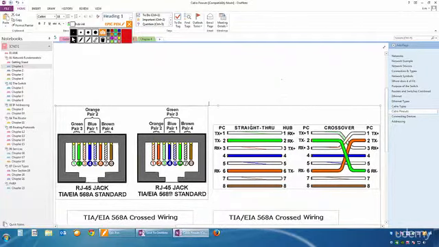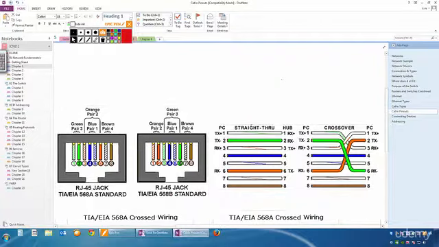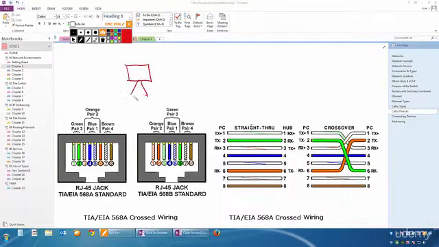So if I have a network card sitting on this PC. And here's another PC. And I got these cables coming across.